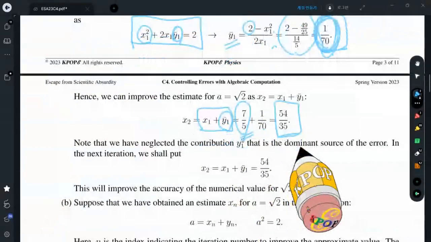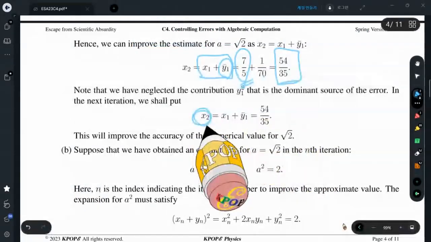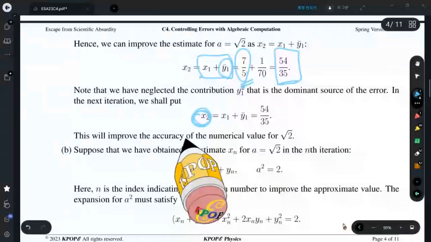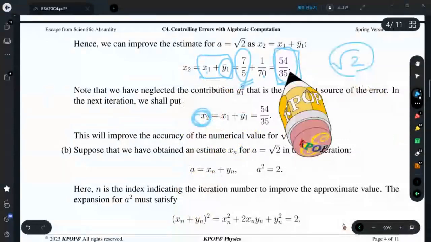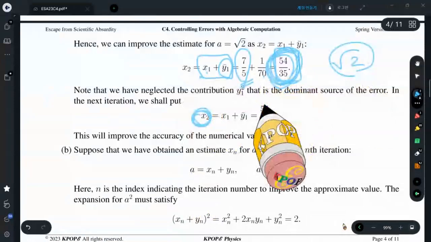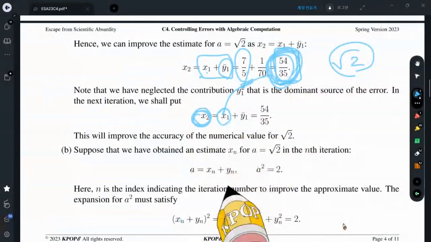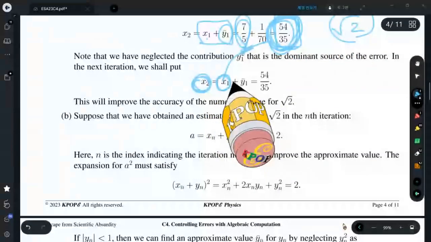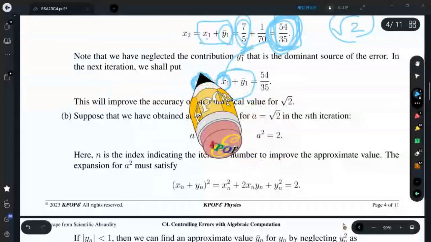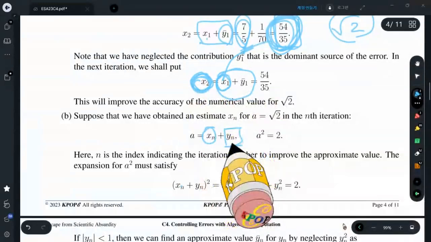And then we redo the calculation to find x2. How? Now I have a better guess for the square root of 2, so I claim this one to be the main value. And then I look for another step. So this was this, and I combine this one to have x2, and at x2 I have another error, and I will compute y2 and so on.